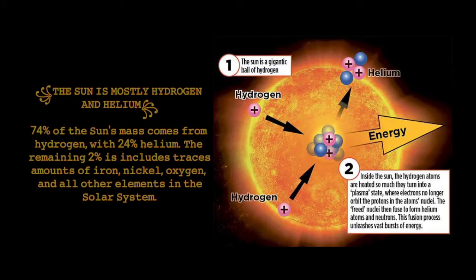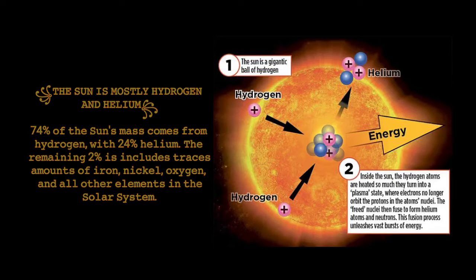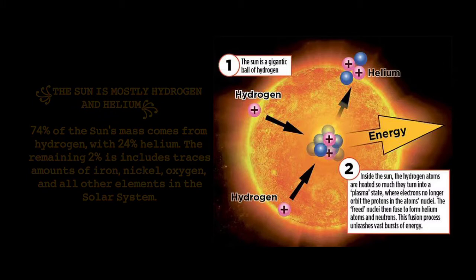If you could take apart the sun and pile up its different elements, you'd find that 74% of its mass comes from hydrogen with 24% helium. The remaining 2% includes trace amounts of iron, nickel, oxygen, and all the other elements we have in the solar system. In other words, the solar system is mostly made of hydrogen.